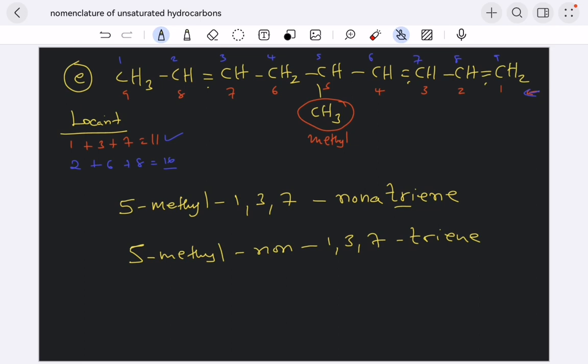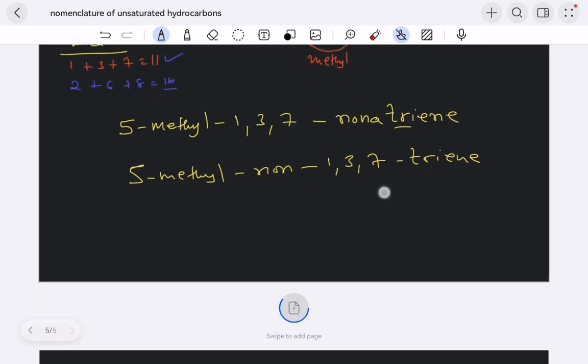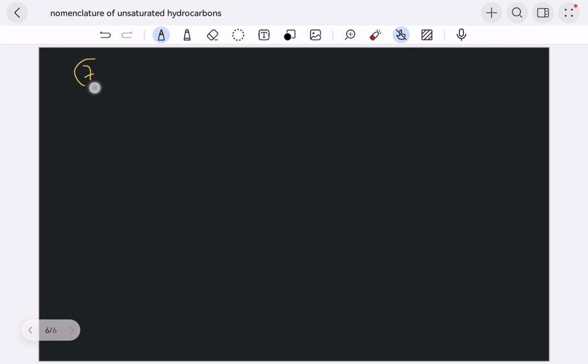So you can encounter a lot of different complex questions, but the principle still remains the same. So let me just give you this as your exercise.